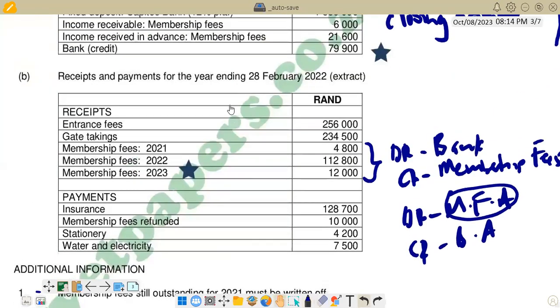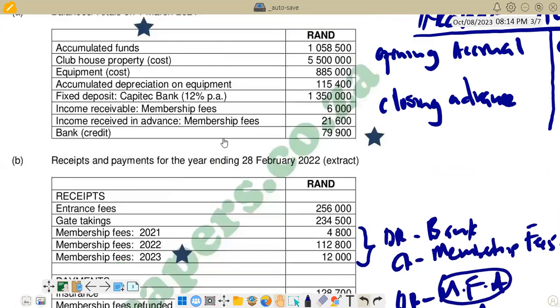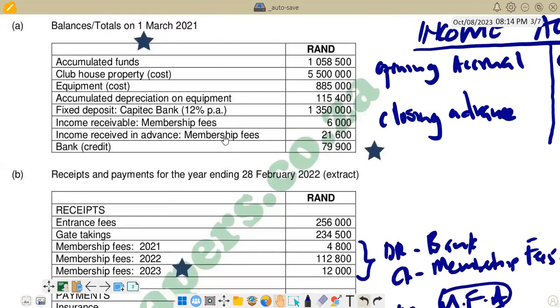We are seeing that for 2021, the balance owing was 6,000 for membership fees. But what we received is 4,800. So the difference is 6,000 minus 4,800. If you calculate it very well, you are supposed to get 1,200. So it means we have not yet received 1,200. That is the balance that we have not yet received.